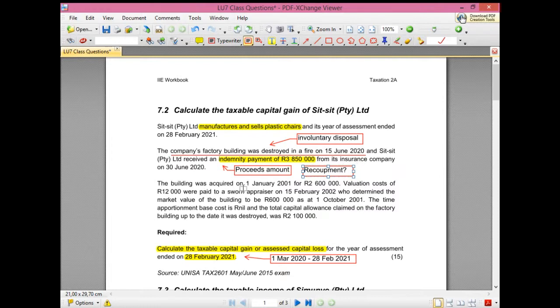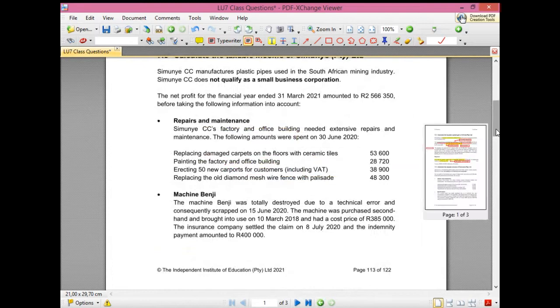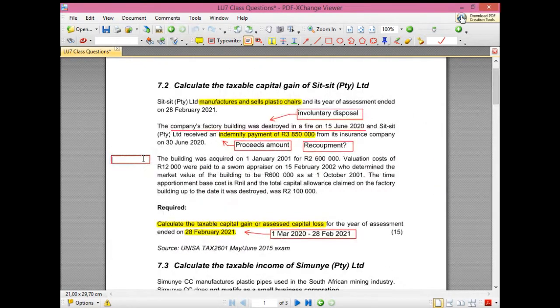They tell you the building was acquired on 1 January 2001. So that is pre 1 October 2001.